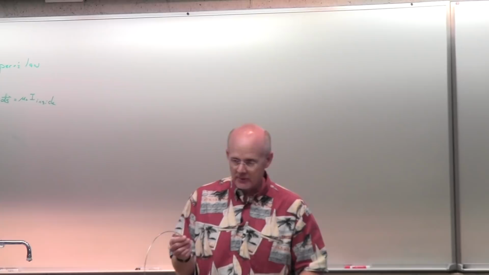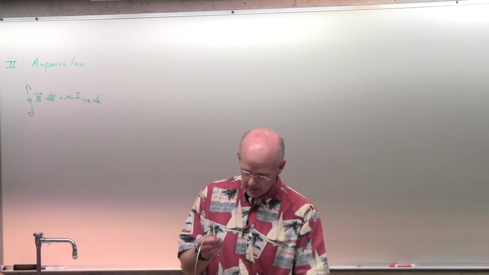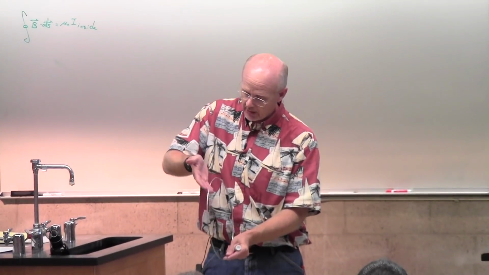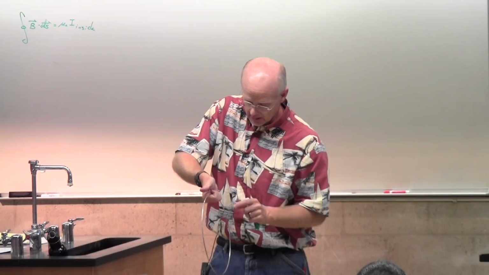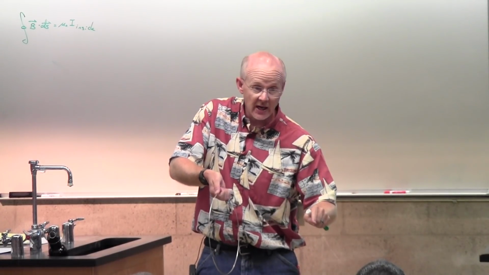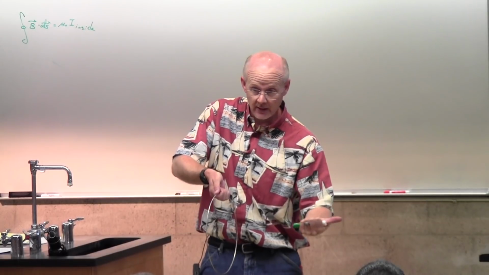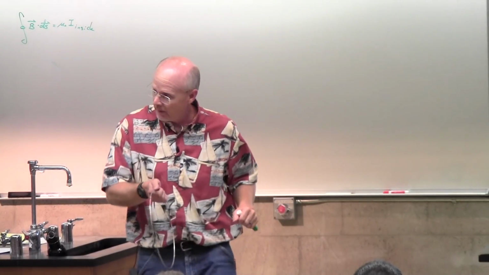How do I get the direction? Well, there it is. I guess I would say at this part of the wire, couldn't I grab with my thumb in the direction of the current this way? And so that would mean it would be making loops like this. So on this side of the loop, the magnetic field would be that way, right? And on this side of the loop, the magnetic field will be that way.